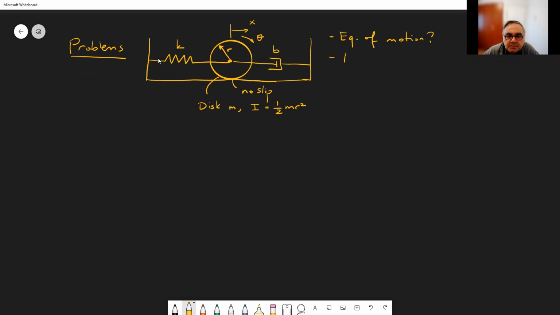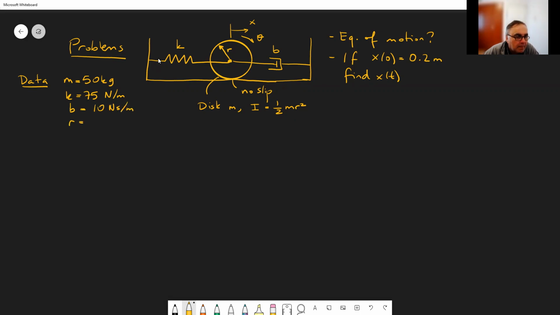And then there is some data given. So first we will find the equation of motion, and then x of 0 is 0.